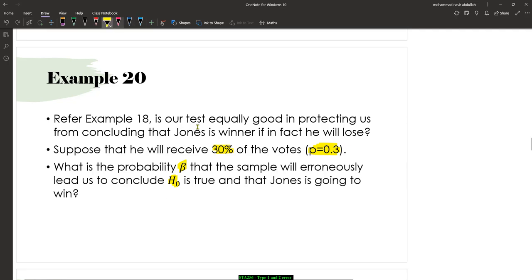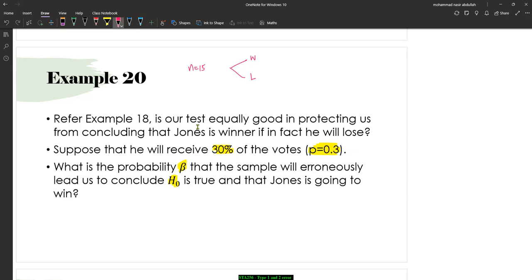Kita boleh tulis kat sini supaya kita ingat n equal to 15. So dia ada dua probability, winning or losing, right? So now we want to know what is the probability that we will select null hypothesis, but actually null hypothesis is false, right?